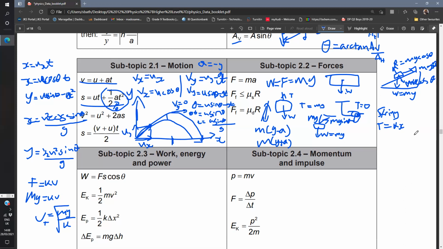And x is how much it is extended or how much it is compressed. Basically, this is one of the easier formulas, and we also have the normal or reaction force. So the normal or reaction force is R.